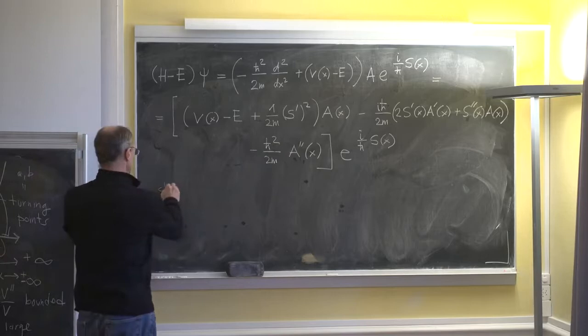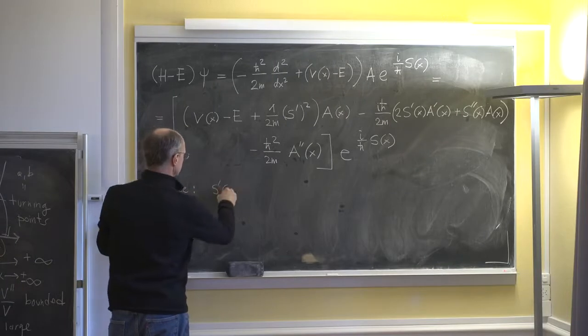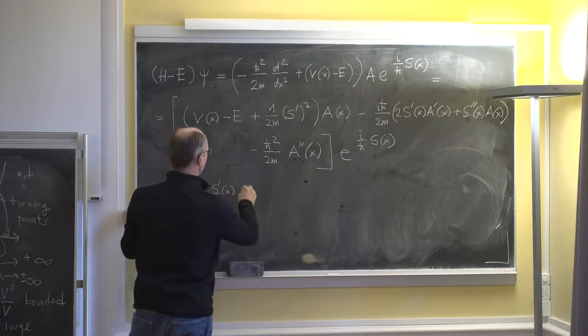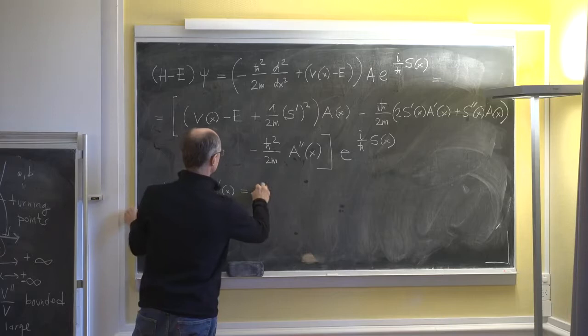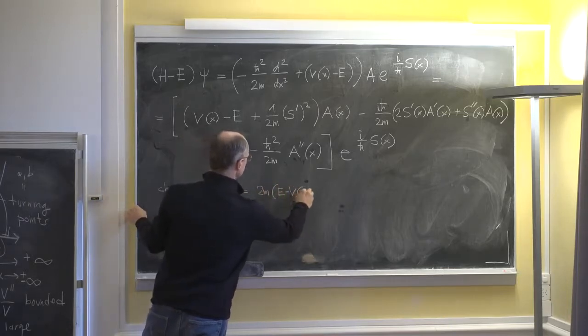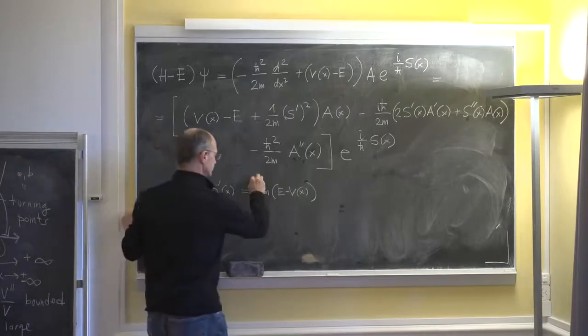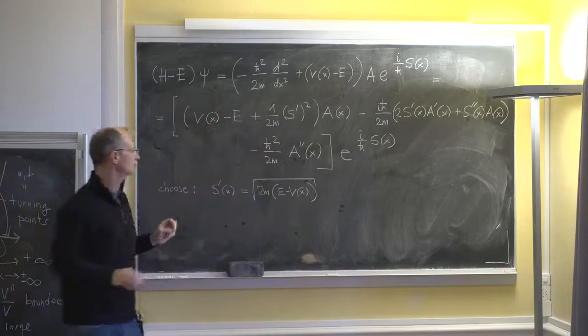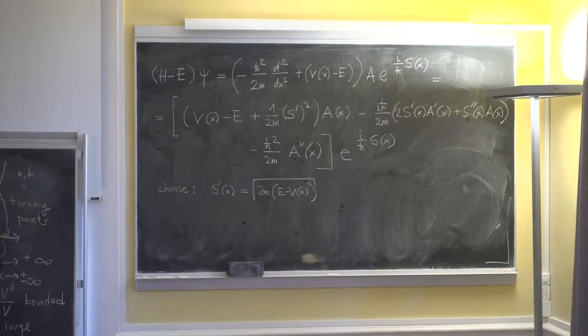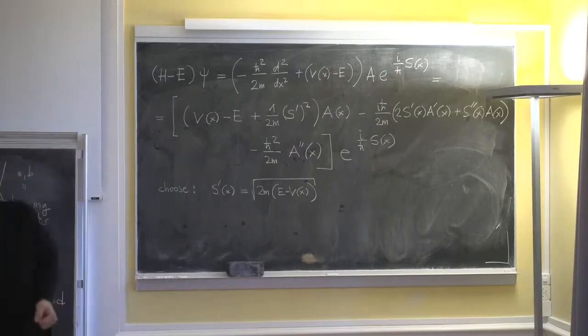So the idea is choose S prime of x equal to the square root of 2m (E minus V of x). Here, let me note that the square root can have any sign.